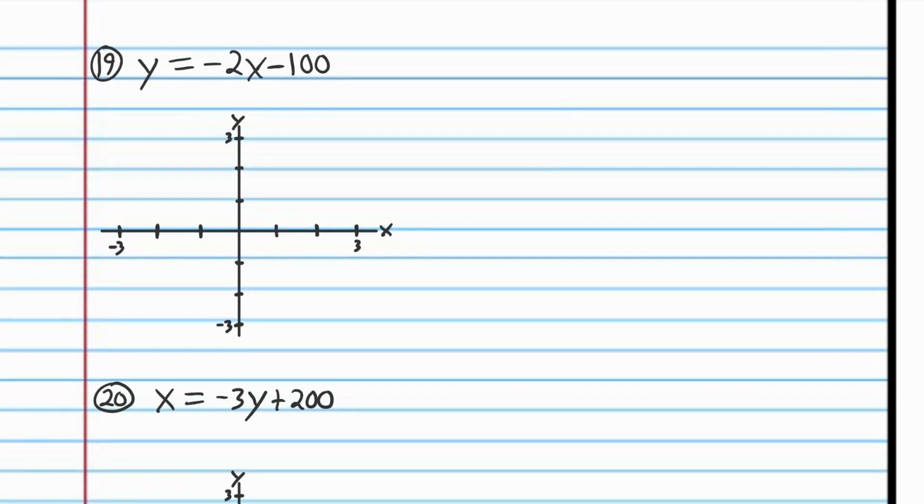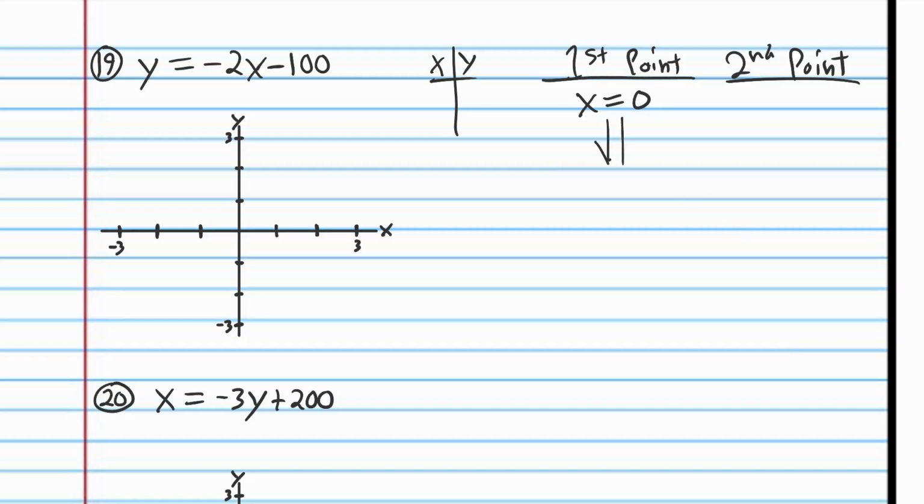All right, we're back. So y is isolated again. In most of these problems that we've been doing, y is isolated. So that means it's going to be easier to choose for x, and we can choose 0 for this one.